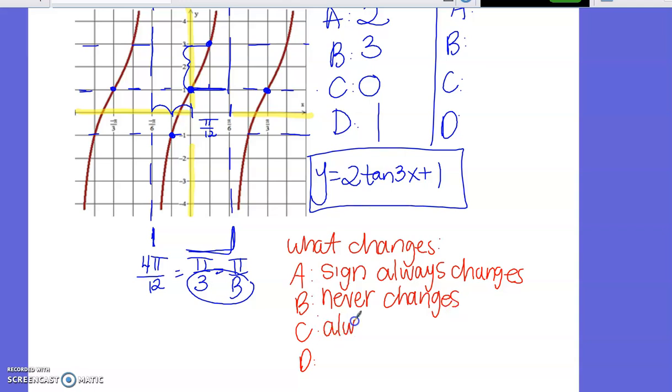C always changes because tangent starts as a point and cotan starts as an asymptote. And then the vertical shift never changes.